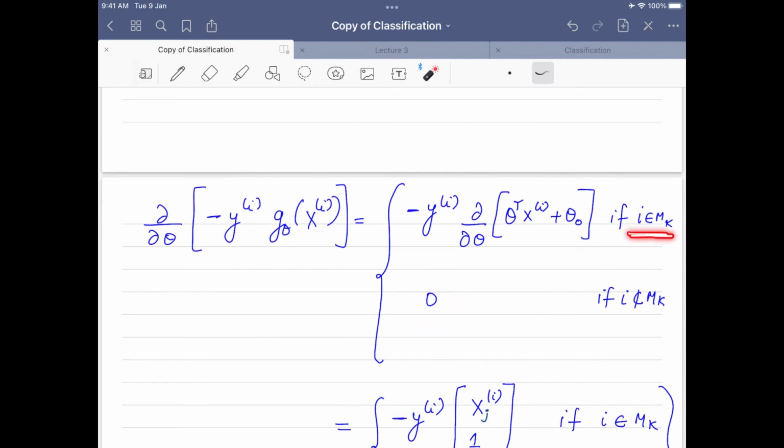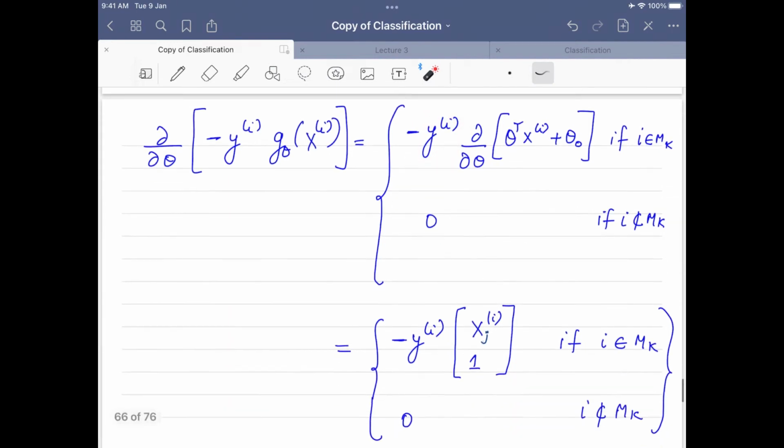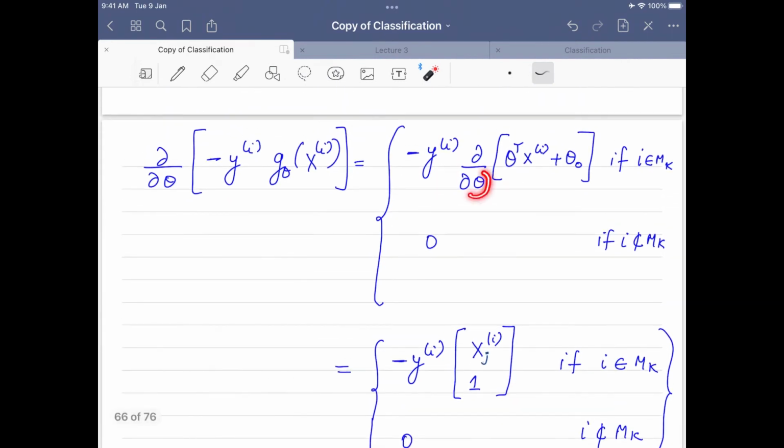When i belongs to the misclassified set, you take the derivative with respect to theta of the hypothesis function, because there is no theta involved in y_i, which is the label. Theta is actually a vector, so if you take the derivative with respect to the hypothesis function, the theta 0 part will be 1, which can be represented in matrix form like this.